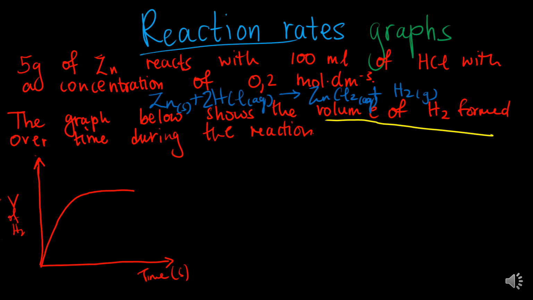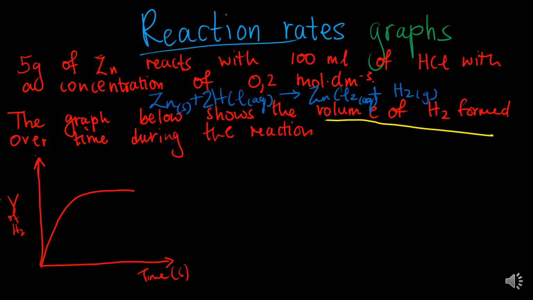So we know, for instance, that zinc is a solid, and if I change the state of division or the surface area, then I have affected the rate of the reaction, right?